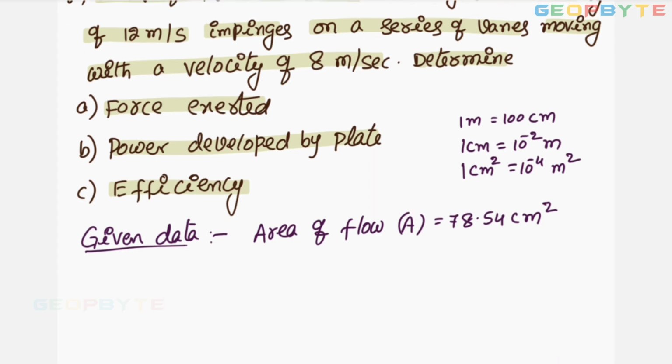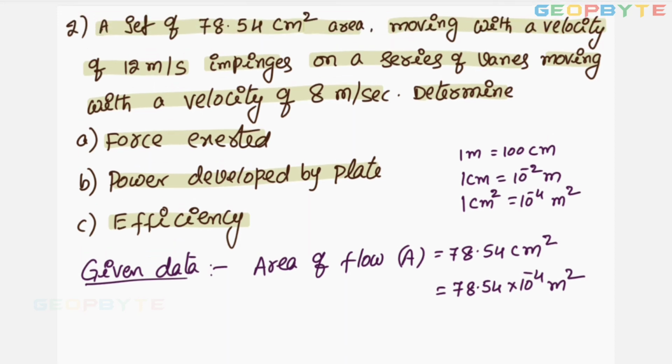So to convert from centimeter square to meter square, it should be multiplied with 10 power minus 4. So it is 78.54 multiplied by 10 power minus 4 meter square. That is how you can convert from centimeter square to meter square. You take the area always in meter square in fluid mechanics.